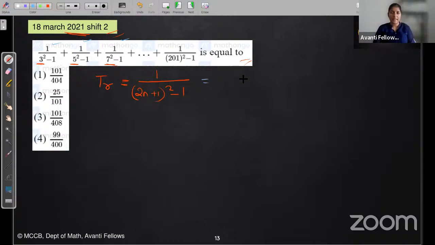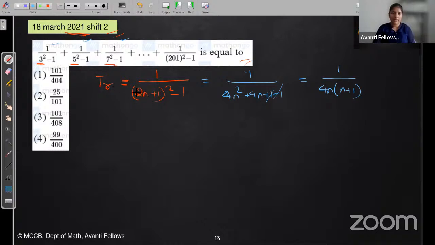I can write this as 1 divided by, split it, 4n square plus 4n plus 1 minus 1, right? So it will be equal to what? It will be equal to 1 divided by, just take 4n common, n plus 1. This both terms get cancelled.